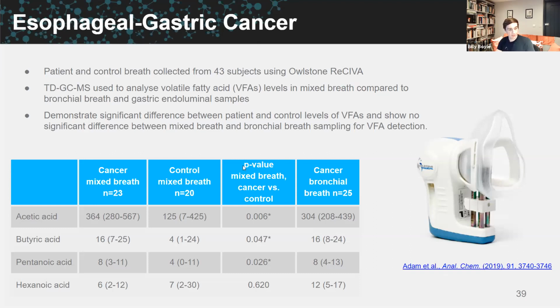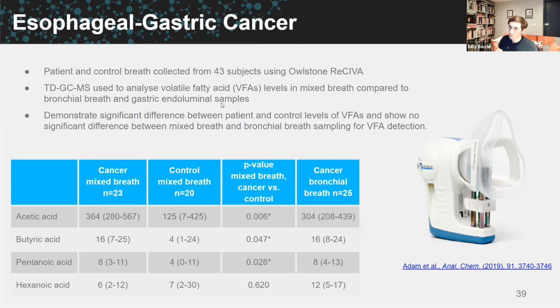And what was really nice about some of this work was that they were looking not just at the chemicals on the breath, but they were also looking at, when you took a tumor out of someone after surgery, the chemicals coming off the tumor itself, and then trying to match these two and say, well, if the tumor is producing these other chemicals, is that what you actually see on breath?